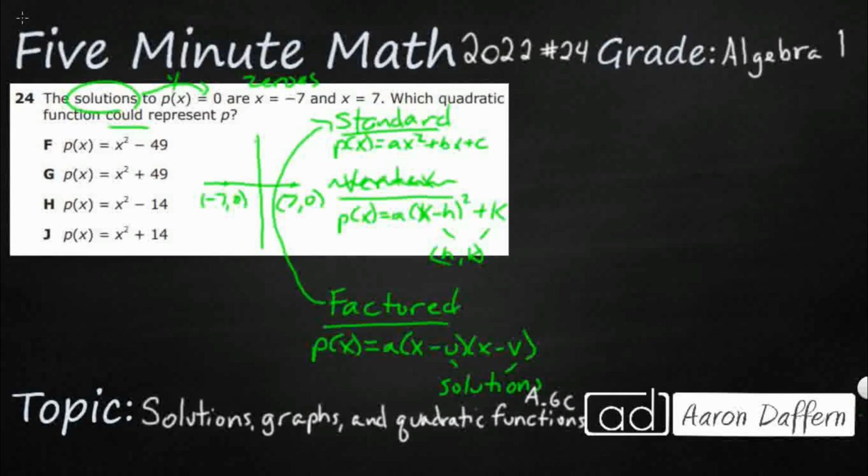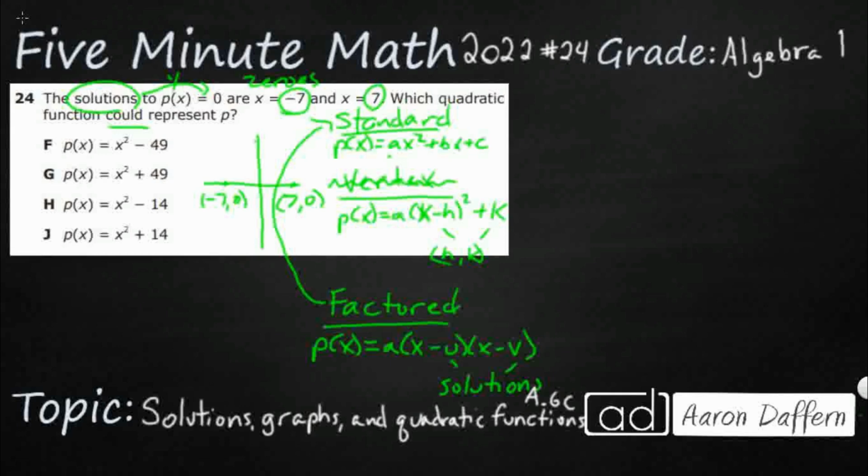When you have a quadratic equation like this, you know that it can be factored into two different expressions, these binomials. So these u and the v are going to be my solutions or my zeros. Well, they told us that. They told us that the solutions are going to be negative 7 and 7.